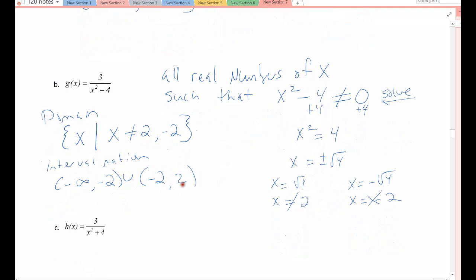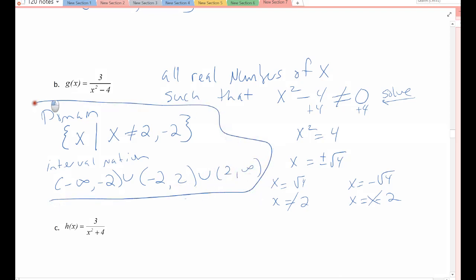Between the 2's, I'm fine. I can pick 1, 0, and those are okay. But then my next break is at positive 2. I break at negative 2 and I break at positive 2. And so then I go 2 to infinity. And there is my interval notation. All right, so both of those are correct answers. One of them's set notation, one of them's interval notation.